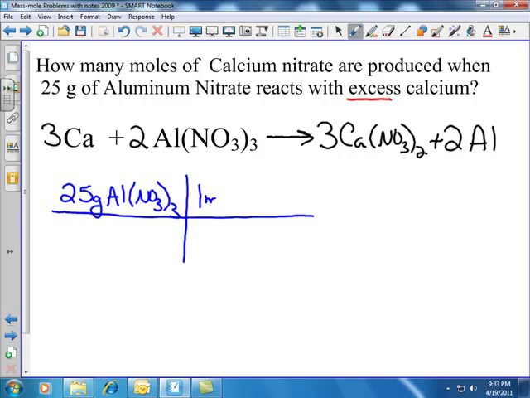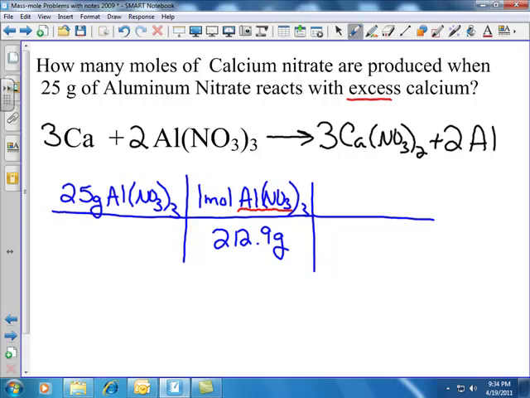So I'm going to put 1 mole of AlNO3 to 212.9 grams. And again, that's just adding up all the elements in there: 1 aluminum, 3 nitrogens, 9 oxygens. And then we're going to do the mole ratio.